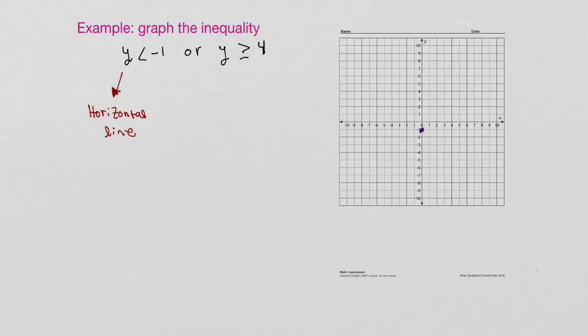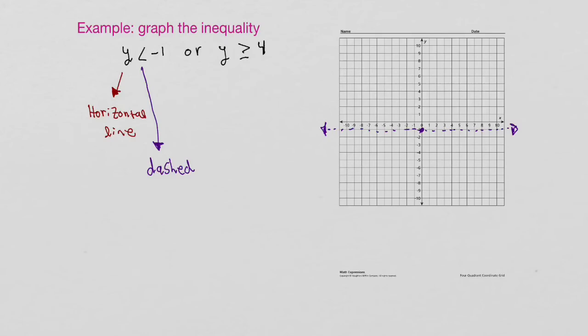And now, since we have a horizontal line, I need to cut through the y-axis, but I have to identify whether we have a dotted or a solid line. Here we notice that there's no equal to symbol, so we can conclude that we have to draw the line as a dashed line. So horizontally, we're going to dash this through -1.